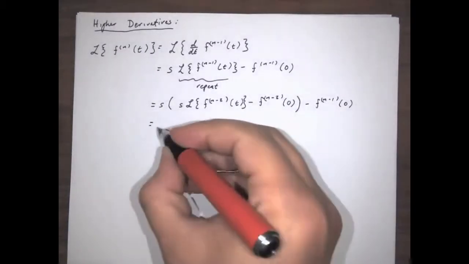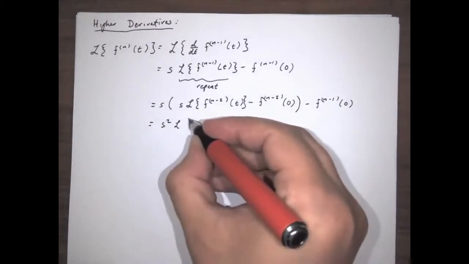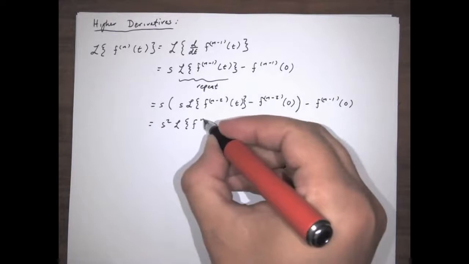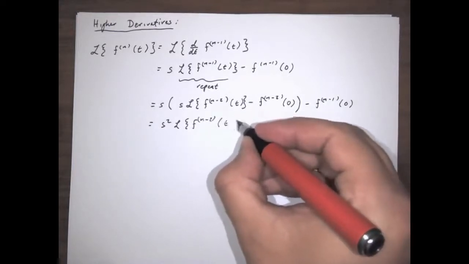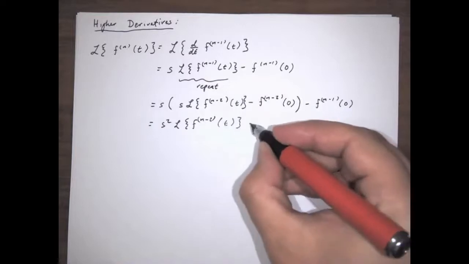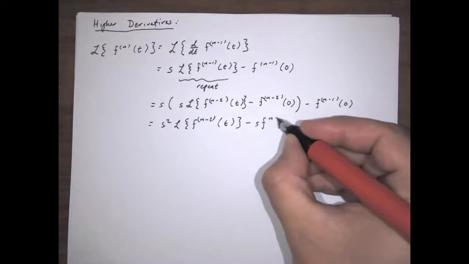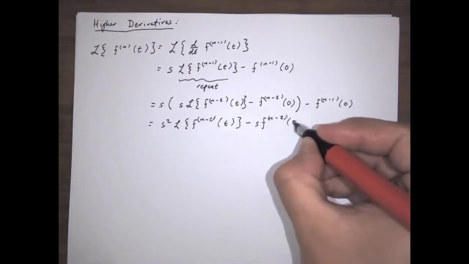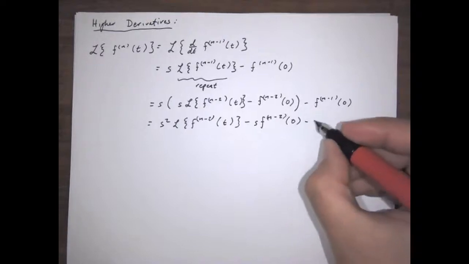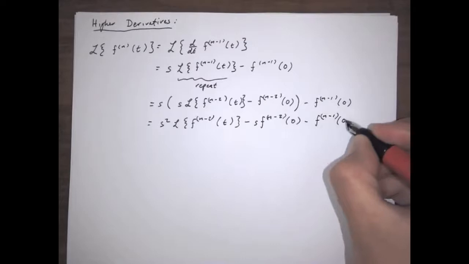And if we distribute that s, that's going to be s squared times the Laplace transform of f^(n-2)(t) minus s f^(n-2)(0) minus f^(n-1)(0).